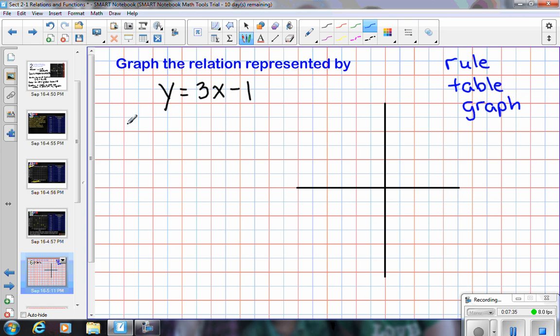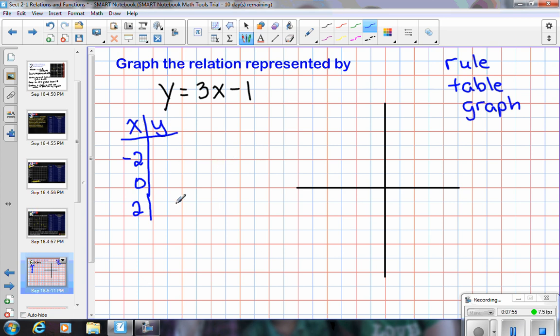So we're going to choose some values for x, and it's completely up to you the values that you want to choose. I recommend that you choose some negative values. I'm going to choose -2, 0, and 2.